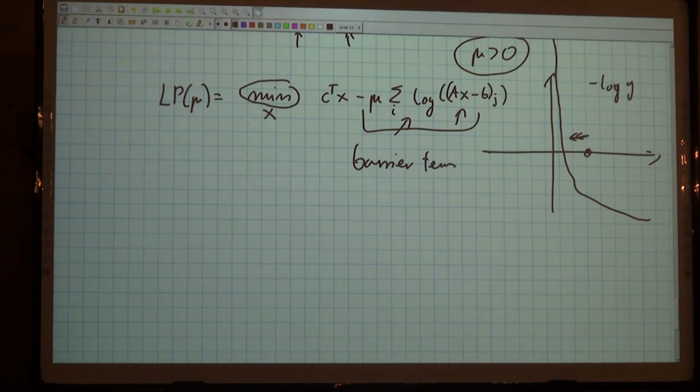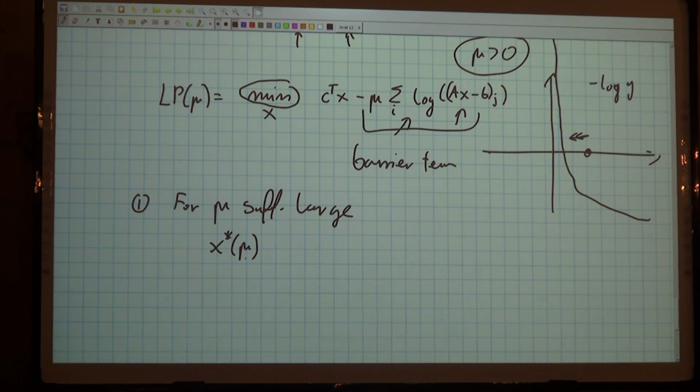Of course, the problem is that now the problem I'm solving is not the problem I wanted to solve, because clearly now I'm minimizing something different. I'm not minimizing just the cost, but the cost plus this barrier term. But still, you have to trust me that the nice thing is that for mu sufficiently large, I can get the optimal solution.